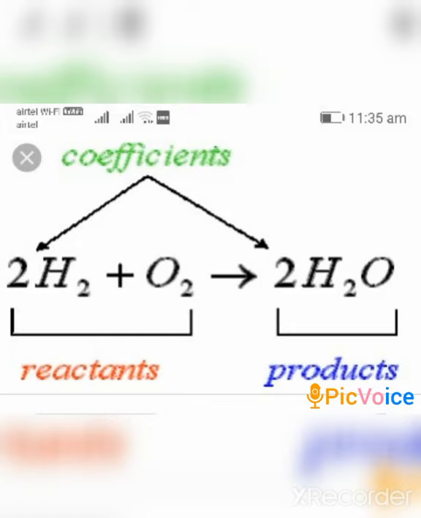This is the formula for water, wherein 4 hydrogen atoms are combining with 2 oxygen atoms in order to form 2H2O, meaning there are 2 molecules of water in it. H2O is the molecule of water, right? So it's 2H2O. It means there are 2 molecules of water in it.